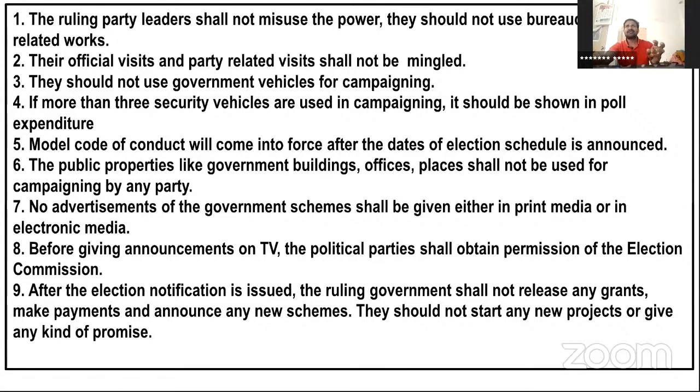Otherwise, if those activities or schemes are presented to the Election Commission, then the Election Commission gives the permission, and then they can give announcements. Next one, after the election notification is issued, the ruling government shall not release any grants, make payments, or announce any schemes. They should not start any new projects or give any kind of promise.